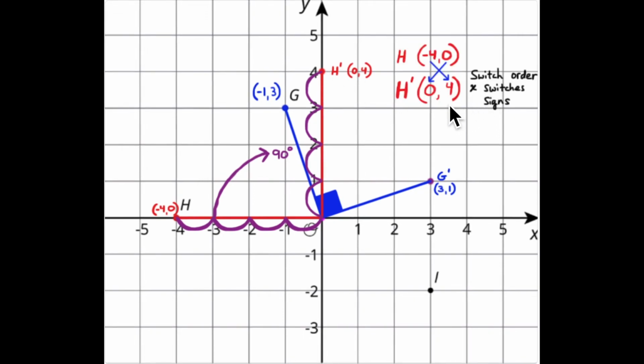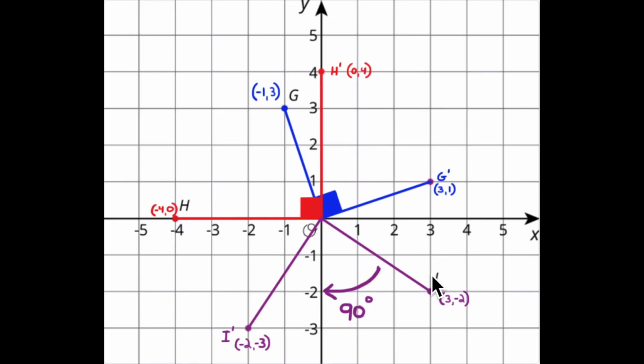And notice that the coordinates, again, switch places, and the x-coordinate becomes the y-coordinate. So it moves from -4 to +4. So this x-coordinate becomes the y-coordinate, changes signs, and the y-coordinate becomes the x-coordinate. So the coordinates switch, and the x-coordinate switches signs.